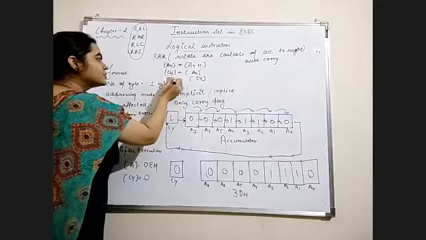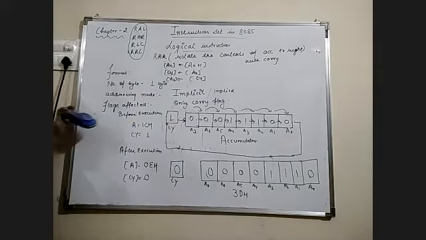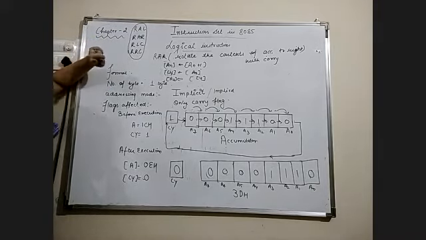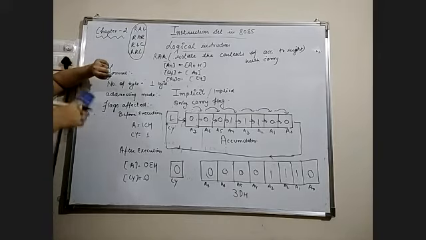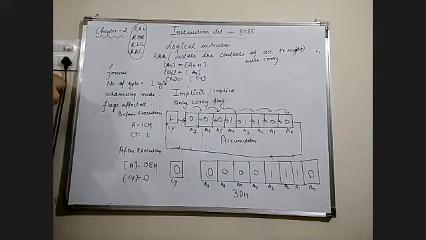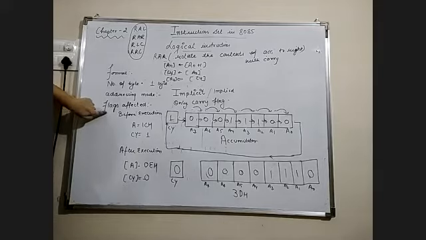So this is the circular path on the right side, where one bit will be shifted to the right hand side, including the carry. In case of RRC, carry is not included while we are rotating the contents, while in case of RAR, carry is also included while rotating the contents. Again, the number of bytes, addressing mode and flags affected remain the same.